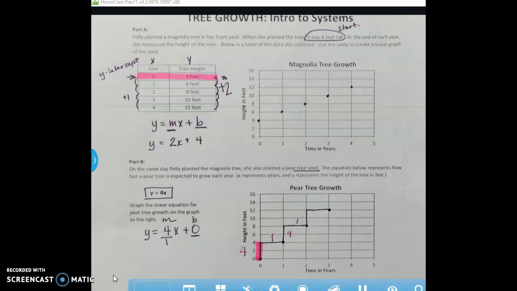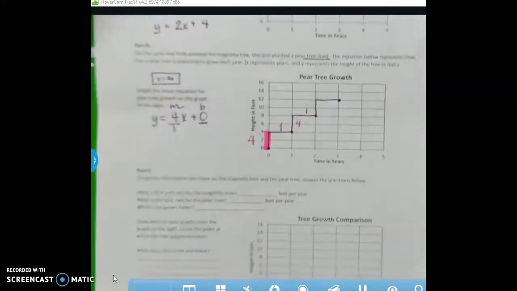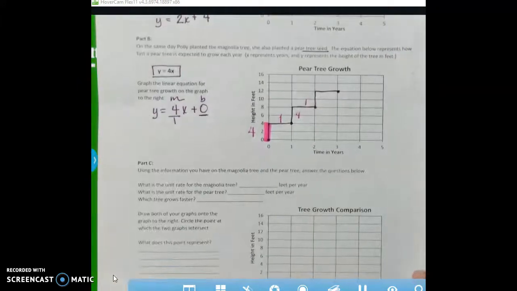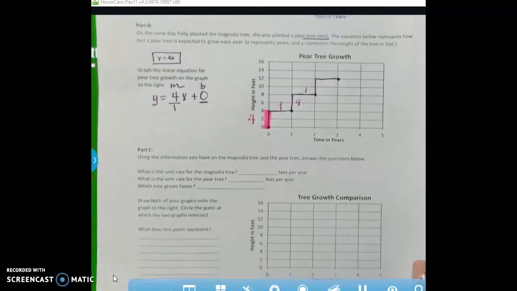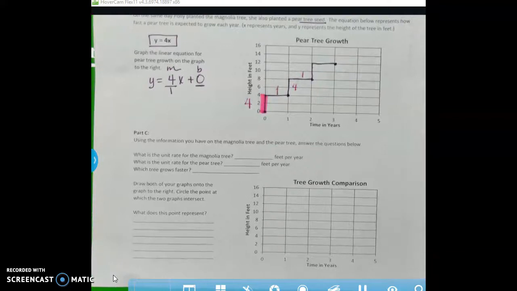So where's the system? When we compare both of these trees at the same time, that's when they become a system. Let's talk about what we just reviewed. We kind of already had this discussion, but let's make sure to write it down. What is the unit rate of the magnolia tree?